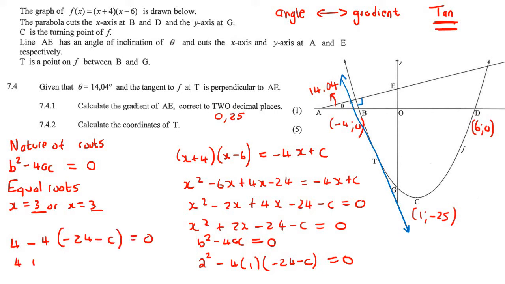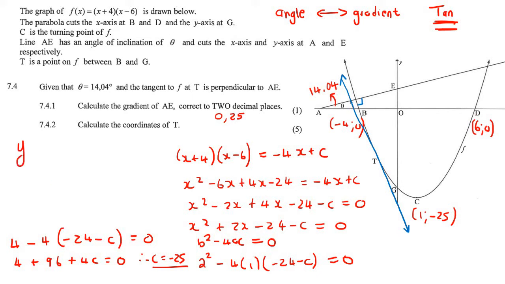Then I'm going to multiply the 4 in, so that's going to become 96, and then plus 4c. There we go. Now, if you calculate c, you should eventually get minus 25. So that means that the tangent has a y-intercept at minus 25. That's really nice, because now we know the value of c for that tangent. So this isn't the answer, but we're close now.